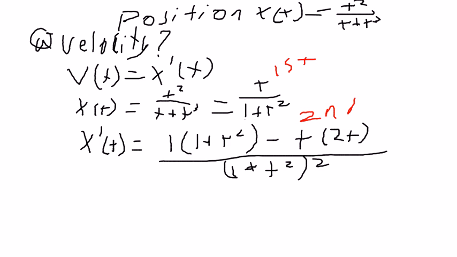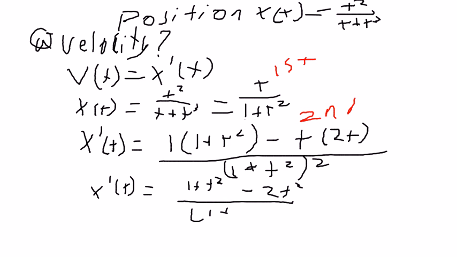And if we simplify this, it's going to be x prime of t equals 1 plus t squared, that's not nice looking, t squared minus 2t squared over 1 plus t squared squared.